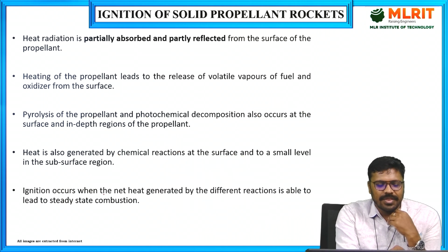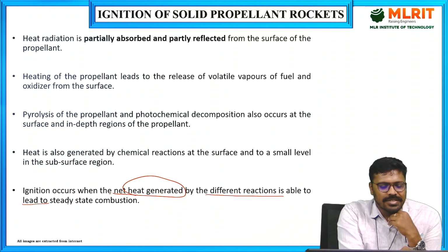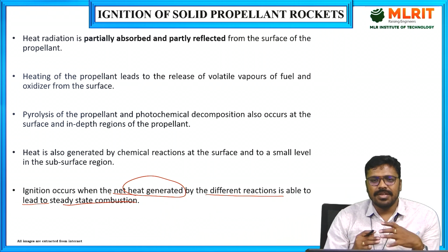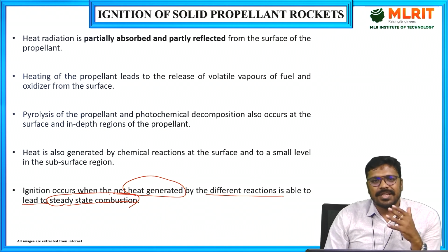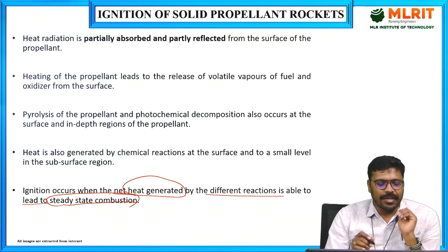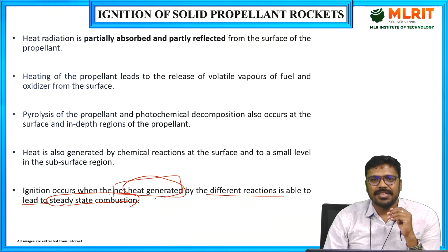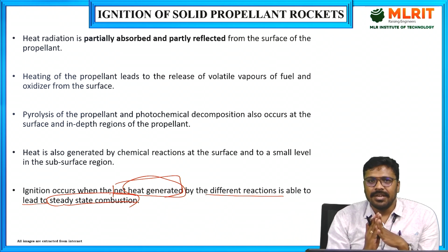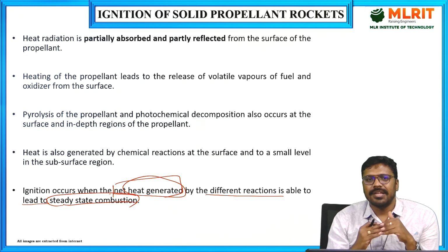Ignition occurs when the net heat generated by the different reactions is able to lead to steady state combustion. When the steady state combustion is going on, we can say that ignition is done completely, and the propellant grain will burn continuously and release hot gases.